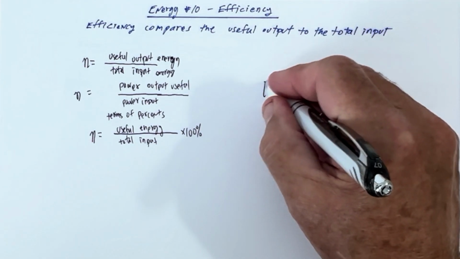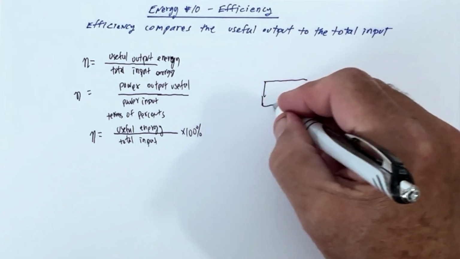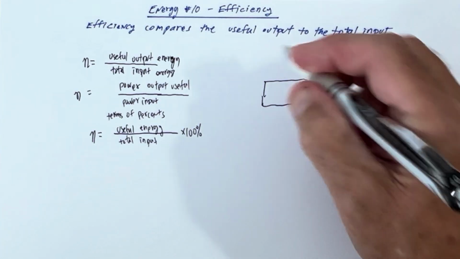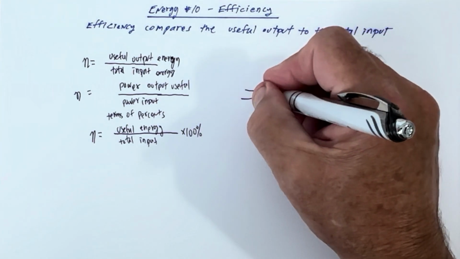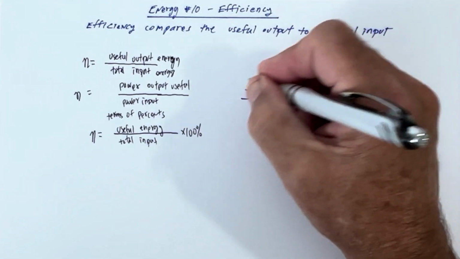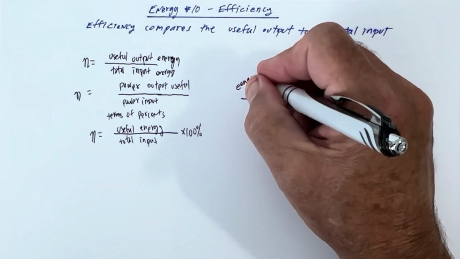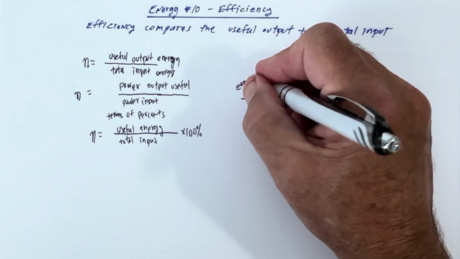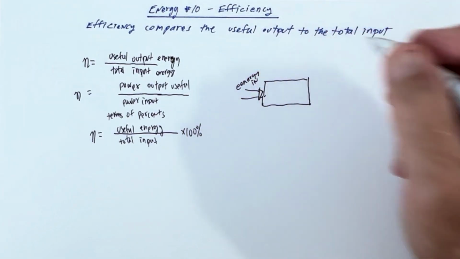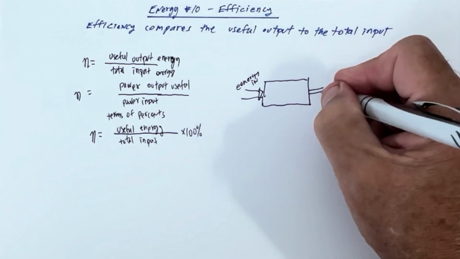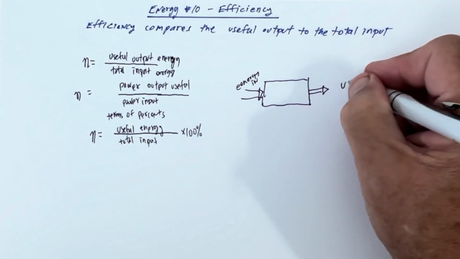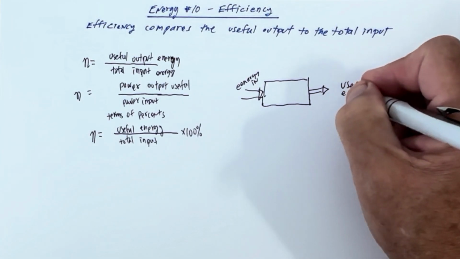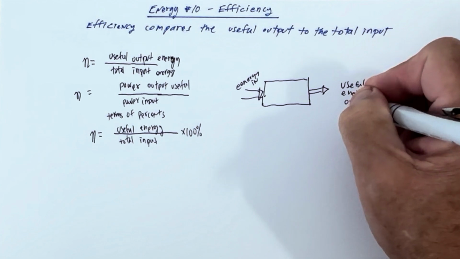So if we think of this in terms of a machine, here's our machine, and we have a certain amount of energy coming in. So this is energy in, and then this is energy out. That's the useful energy out.